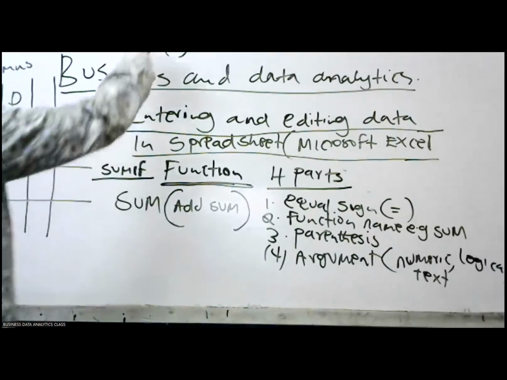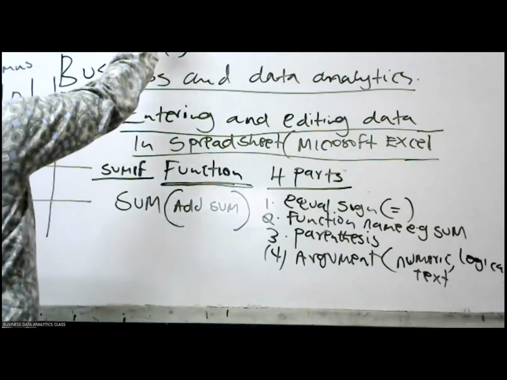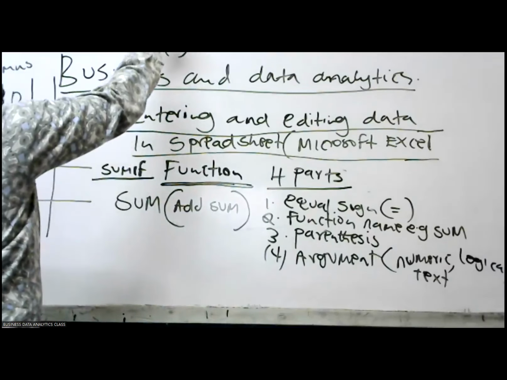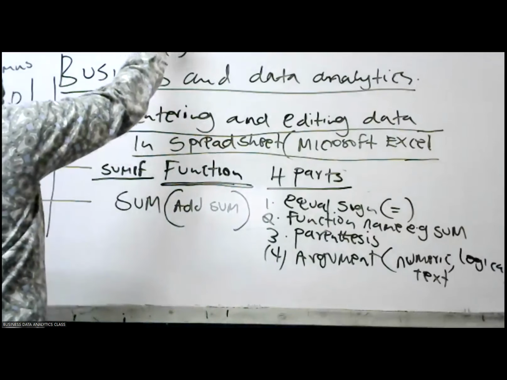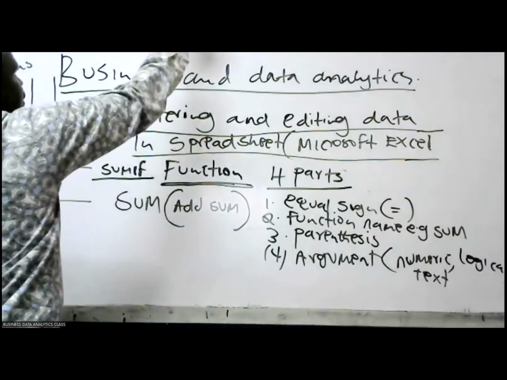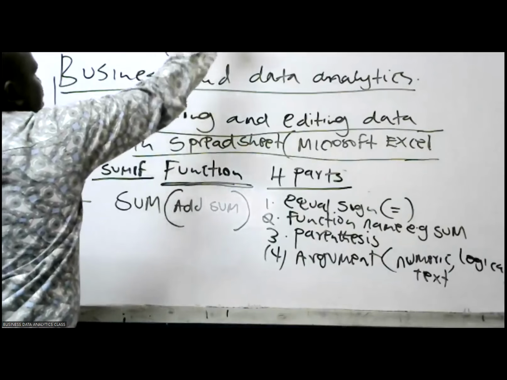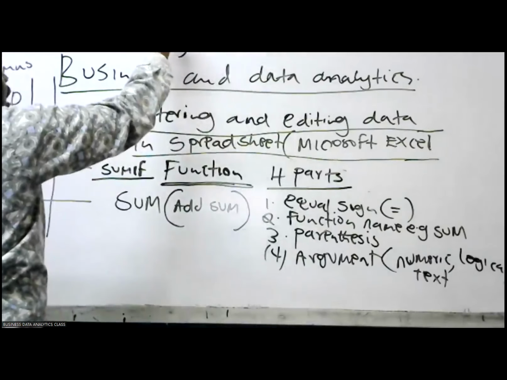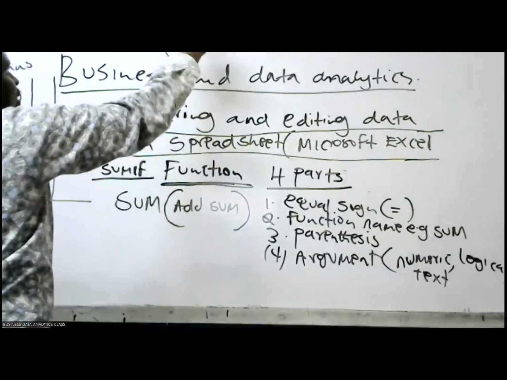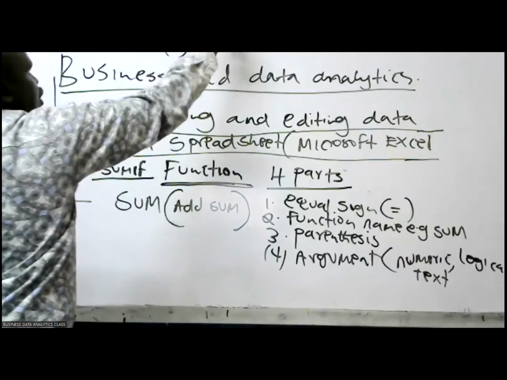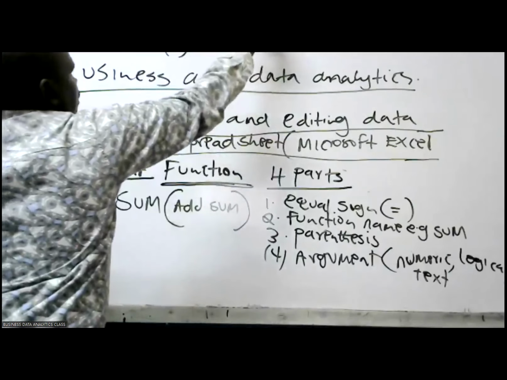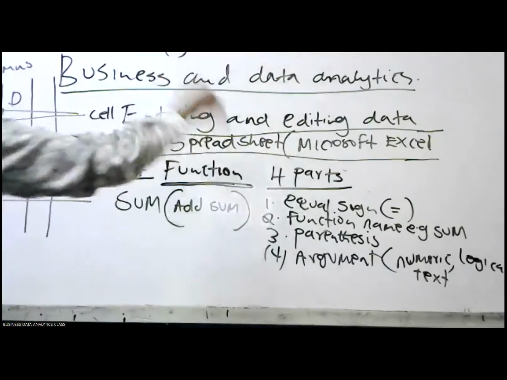So if your marital status is equal to married, you are given a relief of 700 multiplied by the number of children. I'm just giving an example of a logical.